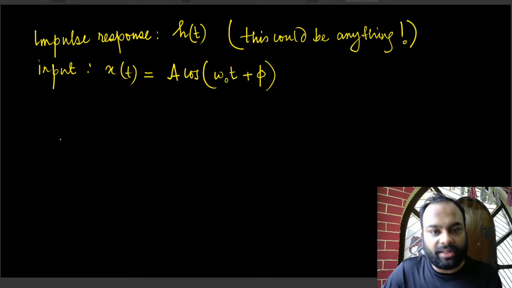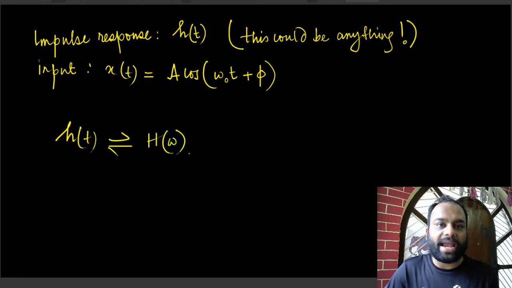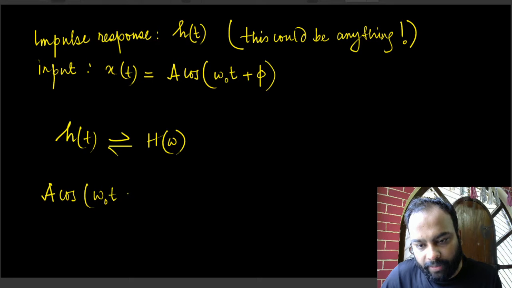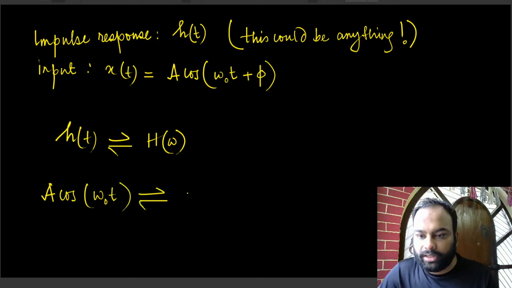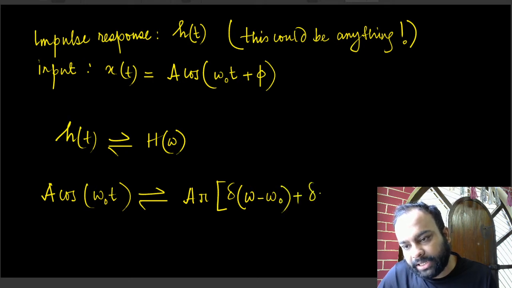So let's consider what is the Fourier transform of h(t). We consider that to be H(omega). If you desire to write H(j omega), you can, but I don't. Now, what is the Fourier transform of a cos omega naught t? That's a pi times delta(omega minus omega naught) plus delta(omega plus omega naught).